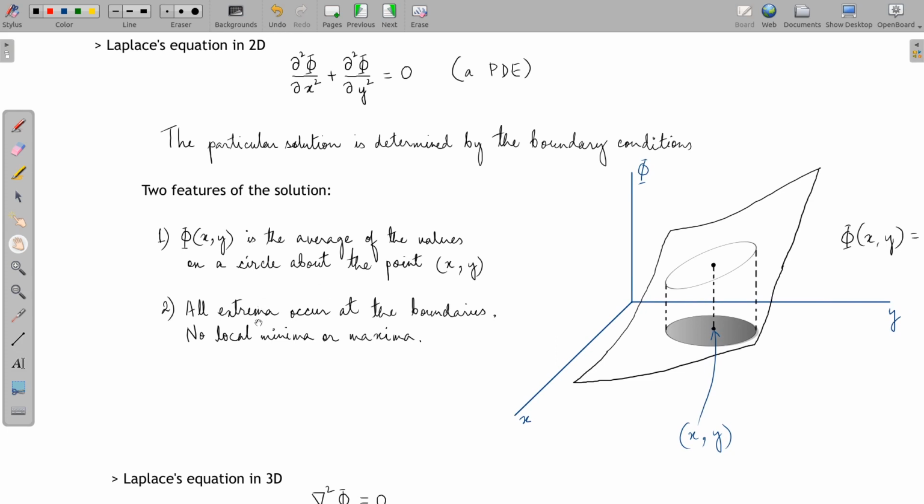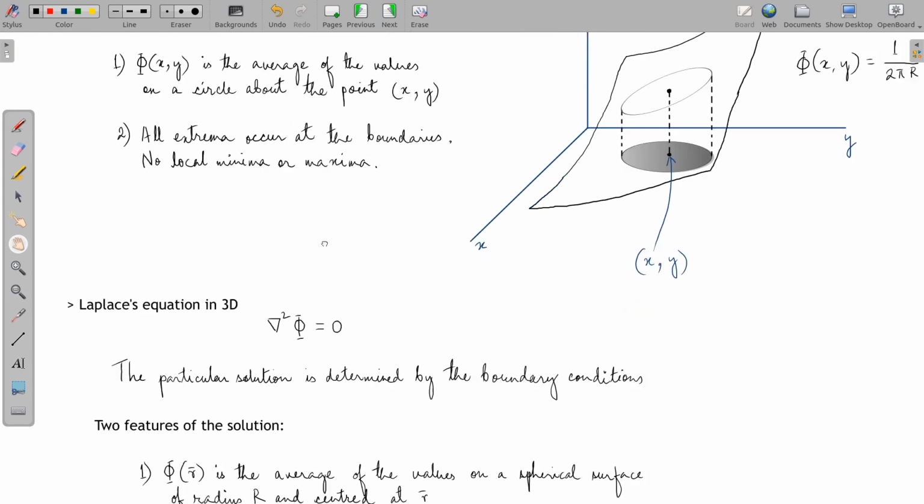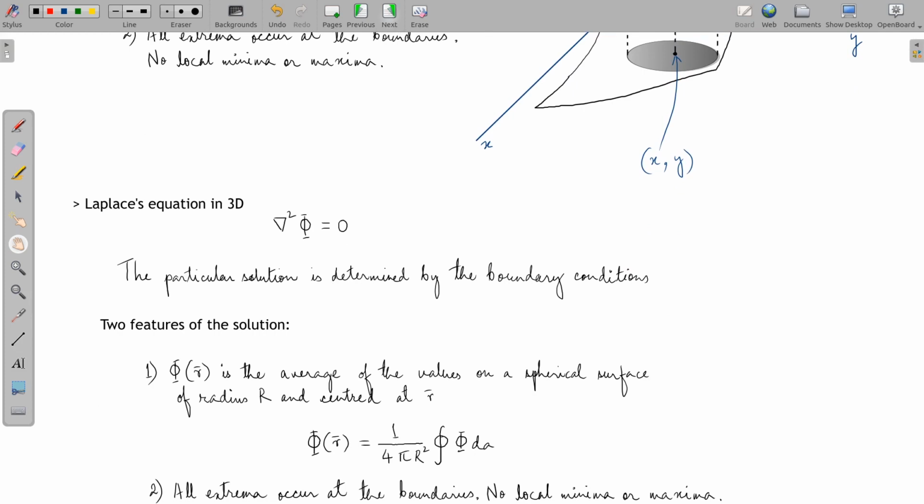For instance, if you find that in the region in which you have considered the Laplace equation, the solution gives a local maximum, that means there is something wrong with your solution, because you cannot have local maxima in the solution for the Laplace equation. So somewhere you have gone wrong, and you can do a course correction after that point.